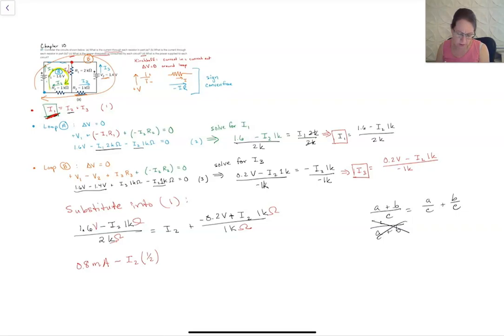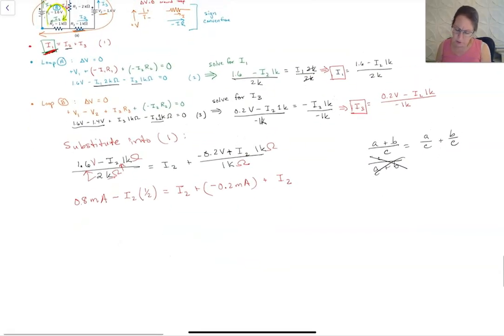So I've divided this into that term and then this into that term. Is equal to I2 plus, let's see, we've got a minus 0.2 milliamps plus an I2. Okay, so now we just collect our terms.